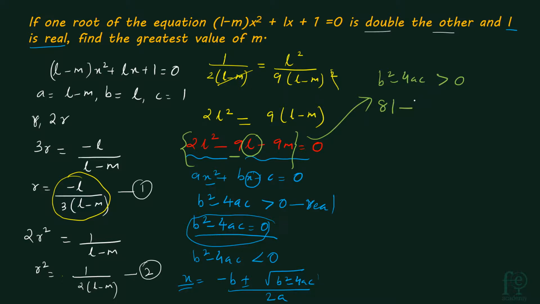And 4ac, 4 into what is a? A is equal to 2 and c is equal to minus 9m, and this is greater than 0. So for this equation, b square minus 4ac is greater than 0, where a is equal to 2, b is equal to minus 9 and c is equal to minus 9m.